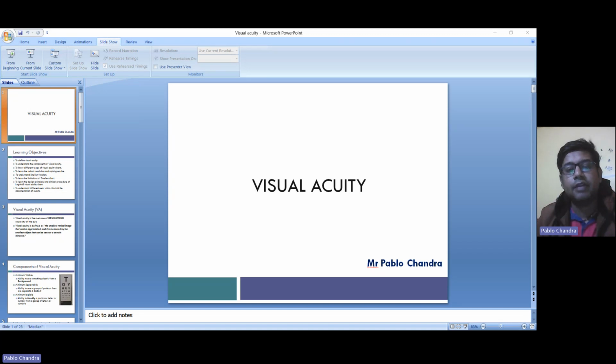As I told you at the start, there are different age groups, and we can use different charts. For different eye conditions, we have different types of charts. In certain eye diseases we can use the Snellen chart, but we cannot use the Logmar chart. There will be certain cases where we have to use the Logmar chart where the Snellen chart cannot be used.